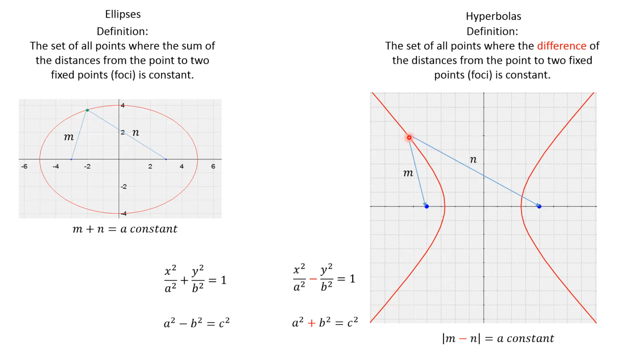Because if we took this dot and put it right there, well, we have this distance, and we have this distance. If we go this distance minus this distance, that just takes away this piece, and we're left with just the stuff in between. And so that's going to be the distance. And it's, again, going to be 2a, just like here was 2a.